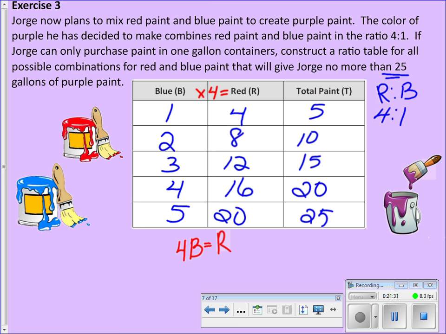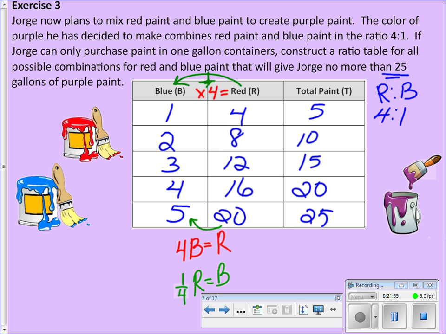What do I have to do to red to get to blue? What do I have to do to the red to get to the blue? I don't need all of that red. I need less of the red. So less would mean a fraction. What fraction? 1/4. So 1/4 of the red equals blue. 1/4 of 20 is 5.